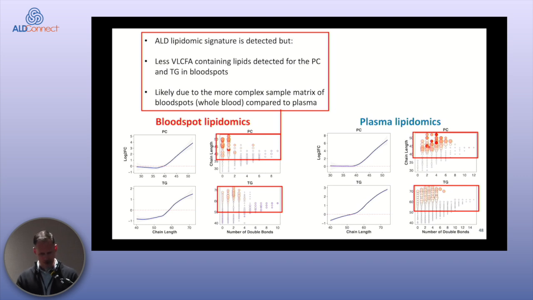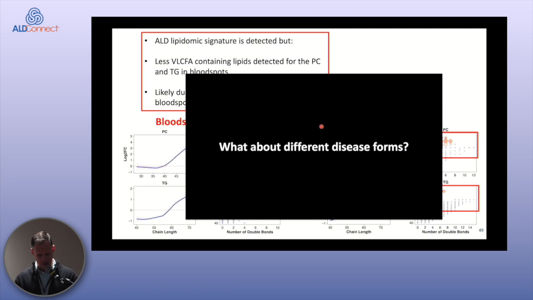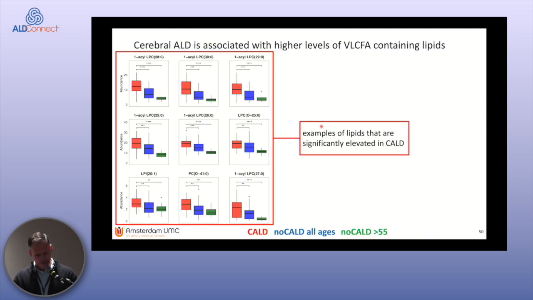Now, what about the different disease forms? We were able to detect a significant amount of elevated lipids in cerebral ALD compared to patients without cerebral ALD. Same color coding here as before. And here I show 9 examples of significantly elevated lipids in cerebral ALD.